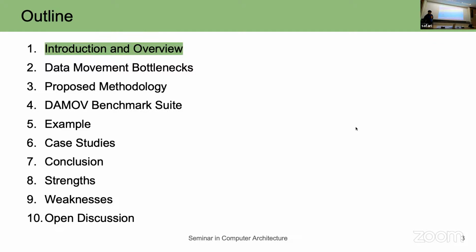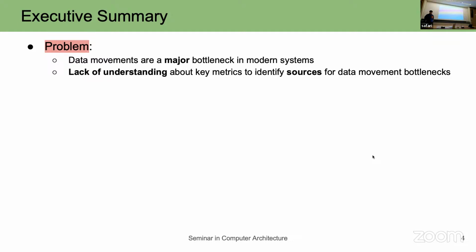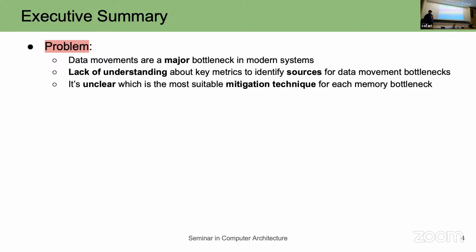So for the introduction and overview of the paper, what is the problem? The problem is that data movement is a major bottleneck in modern systems. There's a lack of understanding about the key metrics to identify the sources of data movement bottlenecks. Also, it's unclear which is the most suitable mitigation technique for each type of data movement bottleneck.